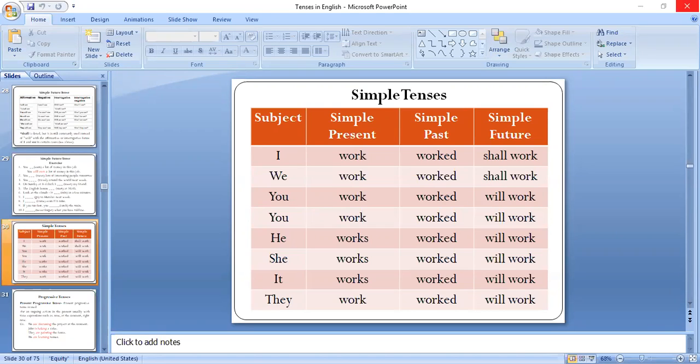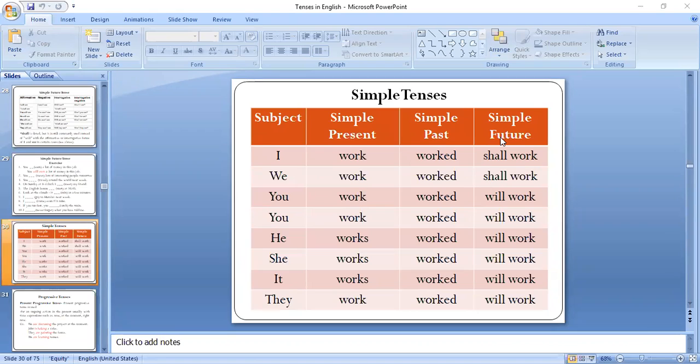Okay, so this is the simple chart. Please write it down in your notebook. At the end of this lecture, I'm going to mark your presenting. So don't leave the meeting until the lecture ends.